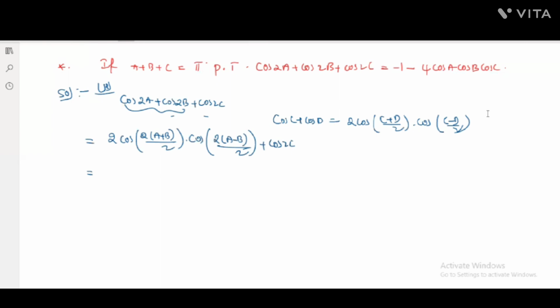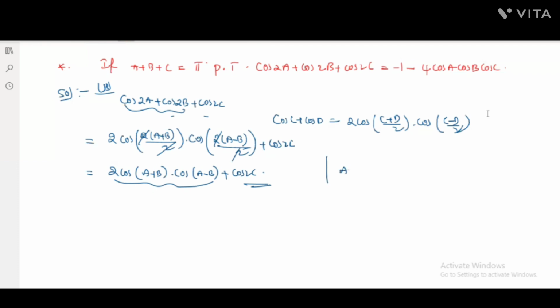This is equal to, 2 and 2 cancel, here 2 and 2 cancel, 2 cos(A plus B) into cos(A minus B) plus cos 2C as usual. This cos 2C, the third term, you always have to change based on what you get in the first part. If you get sin, you have to change it in terms of sin. If you get cos, you have to change it into cos terms.